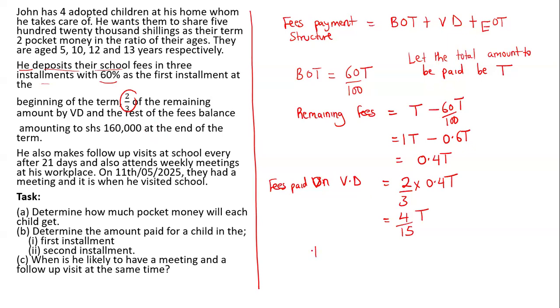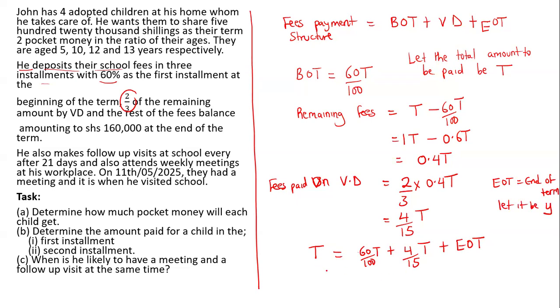So the total fees is what you have called the capital T. At the beginning of the term, the gentleman pays 60 out of 100 of the total amount, then plus what he pays on VD, which is 4 out of 15 T, then plus what he pays at the end of the term. EOT, like I've said, is going to represent end of term payment. How much does he pay at the end of the term? Let it be Y.